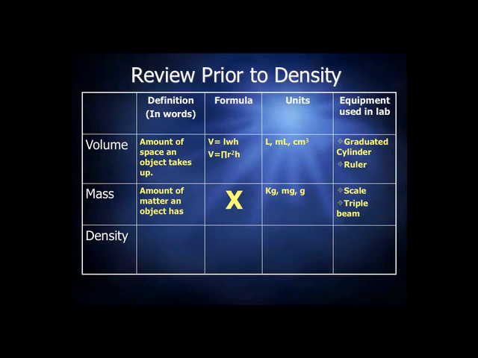Alright, so let's now talk about density. So density is how much matter is squeezed into a given space. How compact. And we have a formula we use to calculate density.